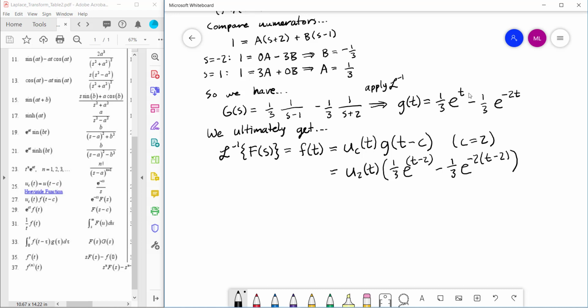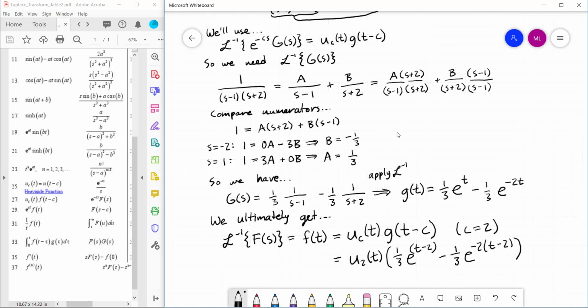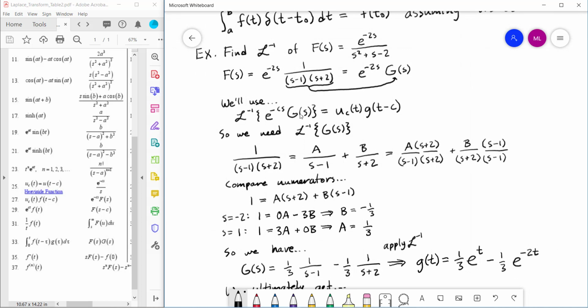We want to put that in both places. So basically, I took the g of t that we found, and everywhere that t showed up, I replaced it with t minus c, where c was equal to 2. So I replaced them with t minus 2's. And then the whole result is multiplied by a Heaviside function, u sub 2 of t. And it all is due to this one particular form right here. This is where it all came from.